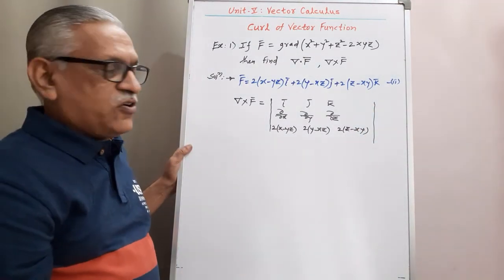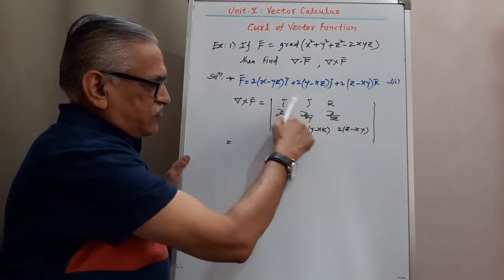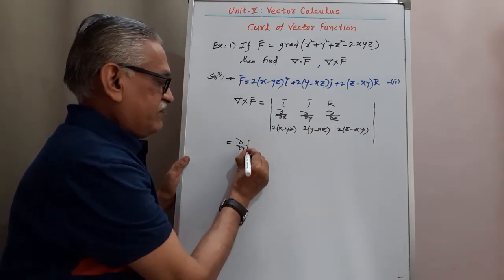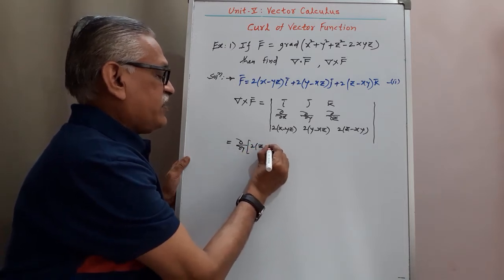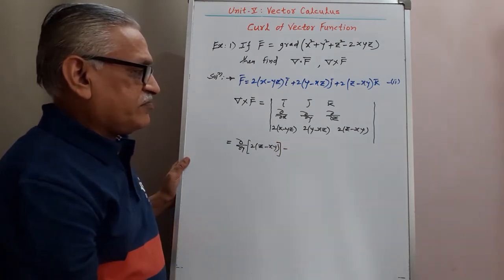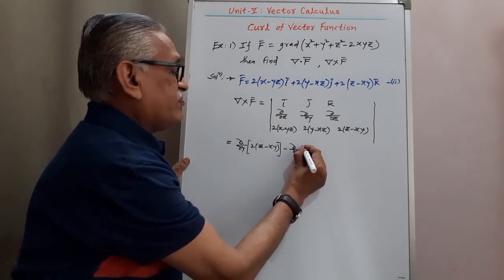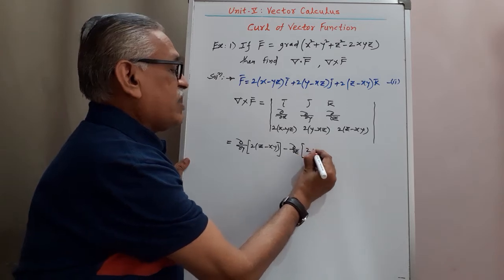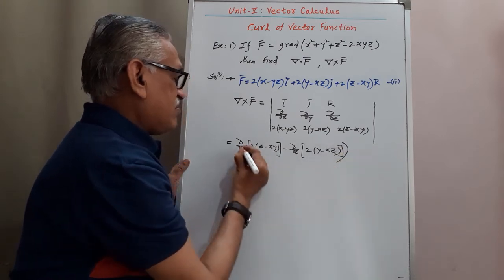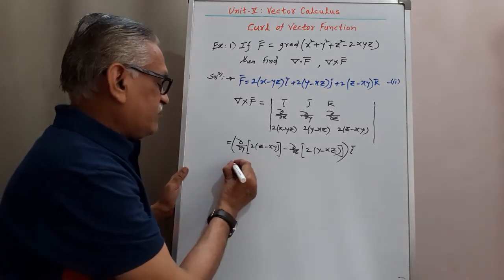And then evaluating this third order determinant as usual, neglecting first row and first column, it is dou by dou y of 2 times z minus xy minus dou by dou z of 2 times y minus xz into i. Then second one is with minus sign.